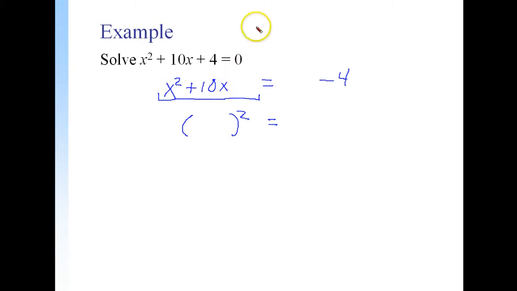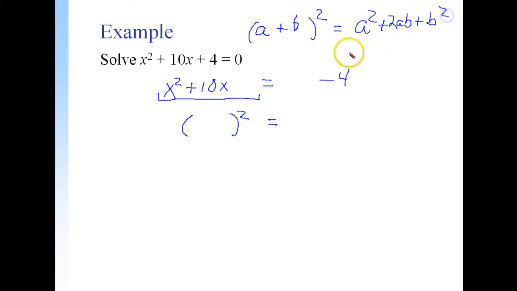So, if you recall, in a perfect square trinomial, which became a squared, we multiplied these and doubled it, we got 2ab, and then we squared this term, and we got b squared. Okay?